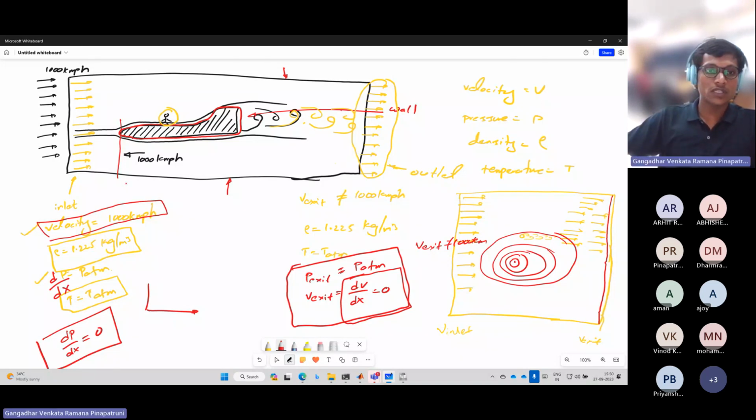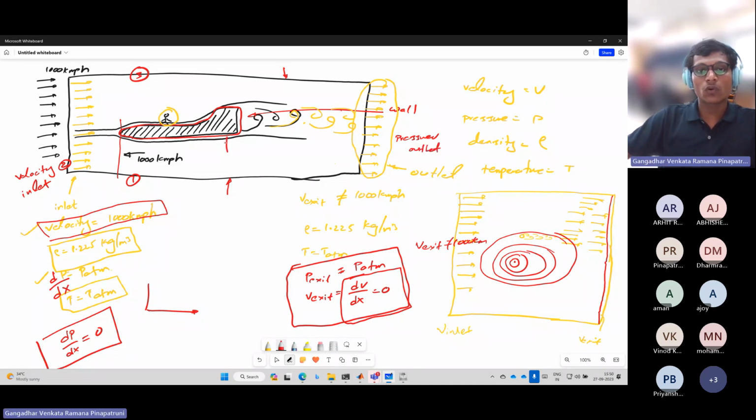I'm giving the velocity inlet boundary condition. The conditions we are applying are like this: velocity inlet for 1, 2, 3. For 1, 2, 3 we are applying the velocity inlet, and here we are applying the pressure outlet.